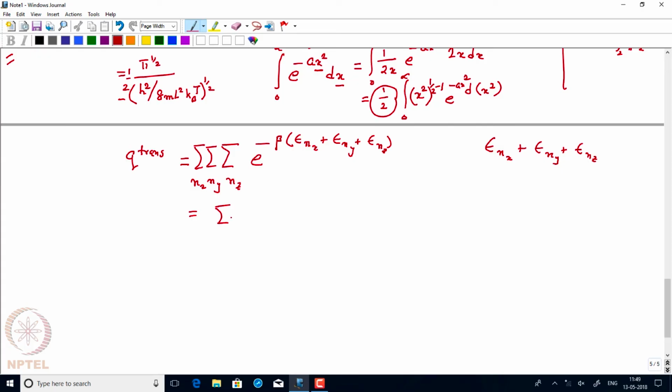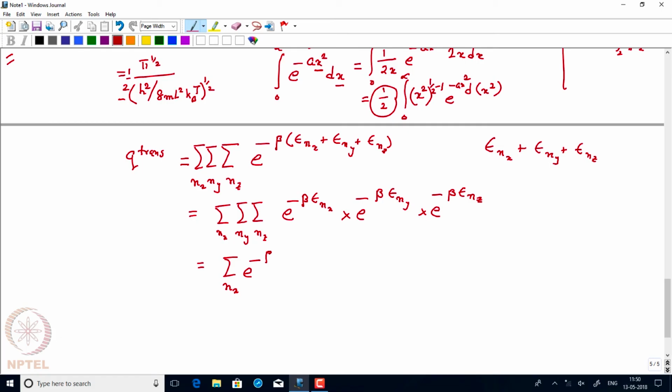So I'll have the triple sum of e to the power minus beta epsilon nx times e to the power minus beta epsilon ny times e to the power minus beta epsilon nz, and since there is a triple sum, I can evaluate them separately.